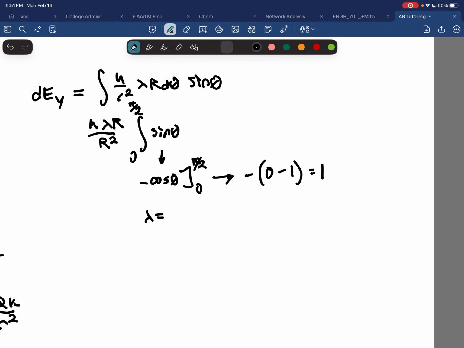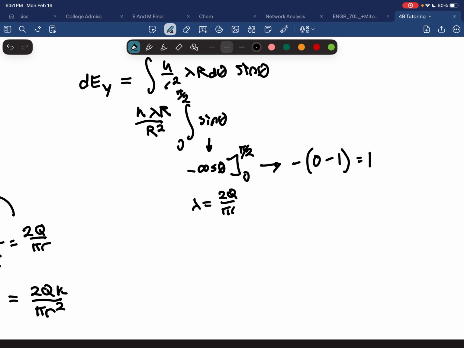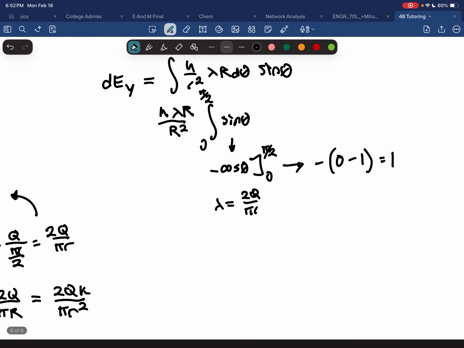Lambda is equal to, what was it, 2q over pi r squared, I think? Is that what I was learning? Yeah, lambda is 2q over pi r. And so substituting that into our equation with k over r multiplied by 2q over pi r, this right here is equal to 2q k over pi r squared.